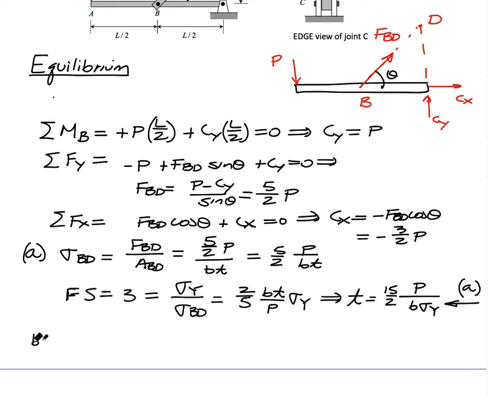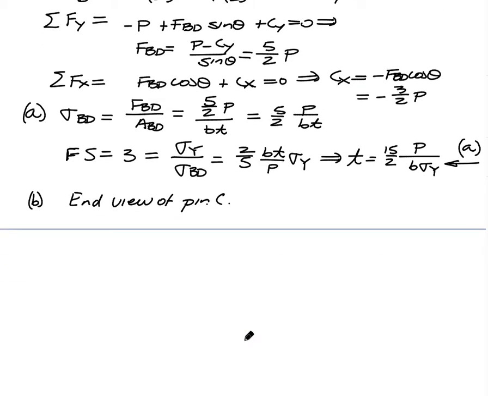For part B, let's say that we look at the end view of pin C. So as we look here at the end view, what we know acting on this is that we have the force components of Cx acting in the negative x and Cy like this.